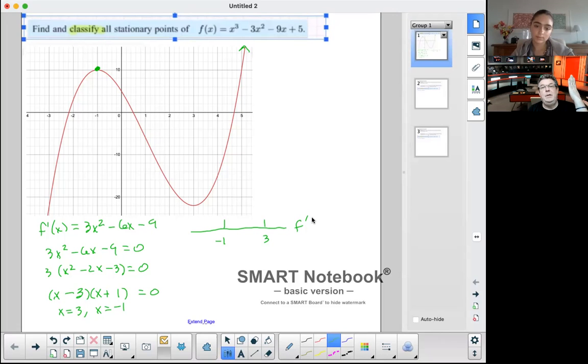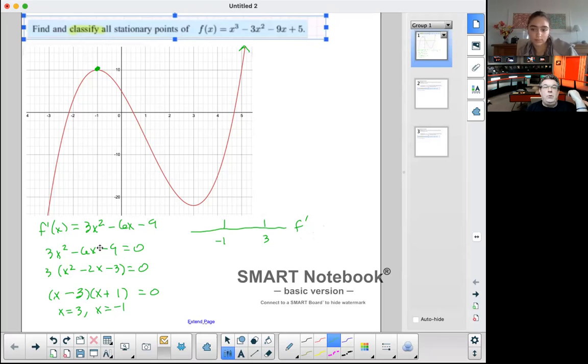We're trying to figure out which intervals the derivative is positive and which intervals it is negative. Looking at it to the left of -1, we know the slope is positive, all the way up forever.